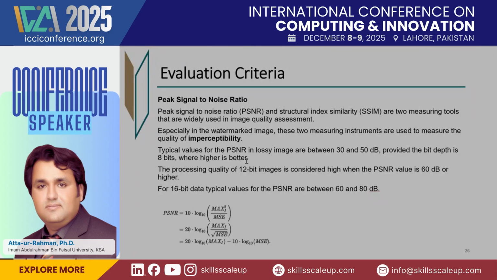So in order to see how imperceptible the image is, we have to employ this test. Typical PSNR values for a lossy image are between 30 to 50 dBs, provided the bit depth is 8 bit for grayscale images. The processing quality of 12-bit images is considered high when the PSNR value lies between 60 to 80 dBs. For 16-bit, it goes beyond 60 or 80 and so on. This means the higher the bits the image is representing, the higher the PSNR values we need to ensure that the image was imperceptible.